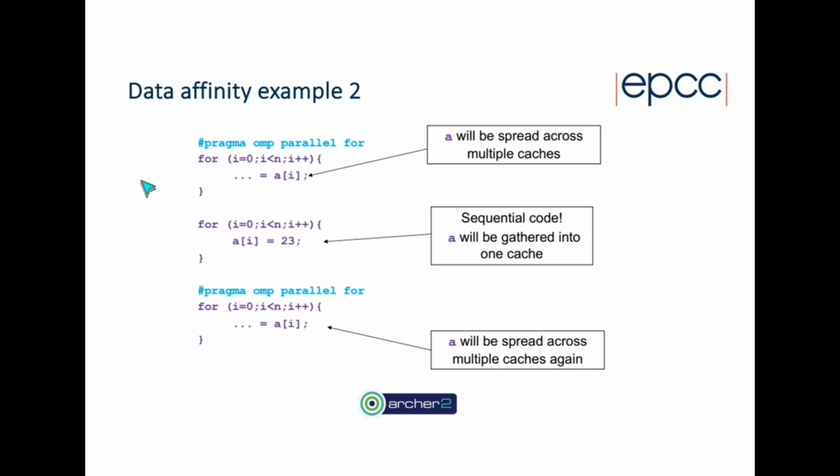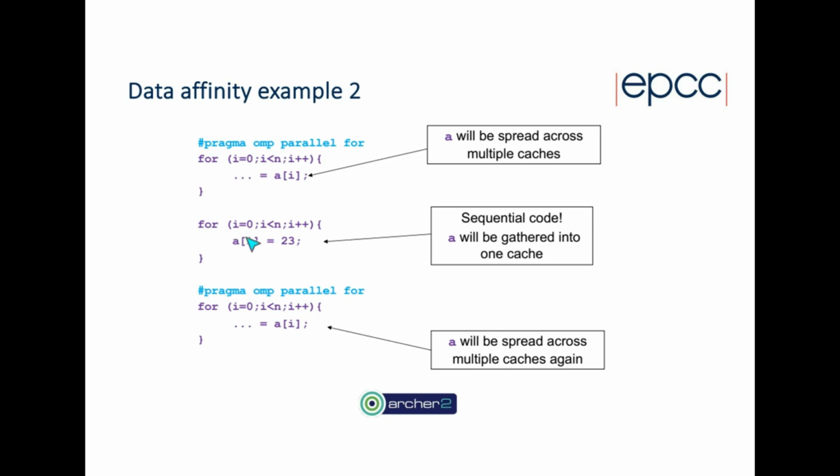So here's another example. You might have a parallel loop that reads the elements of A, and maybe does some more expensive computation that makes it worth parallelizing.